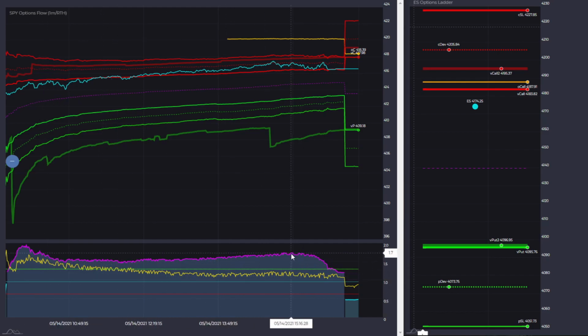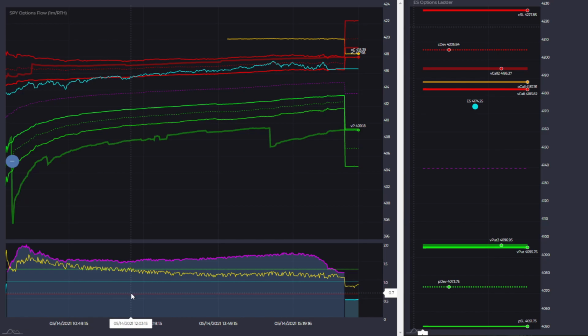And you actually have two indicators. The yellow indicator is a sentiment. It's a sentiment of the overall transactions on options today. When it's above the blue line, it means it's bullish. When it's below this blue line, it means that it's bearish.